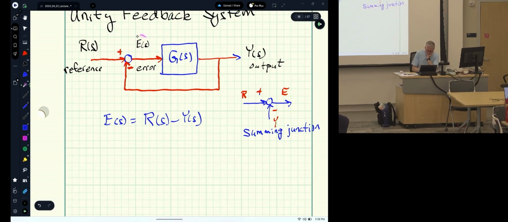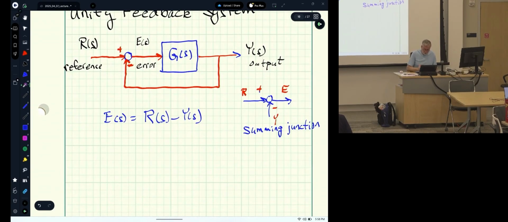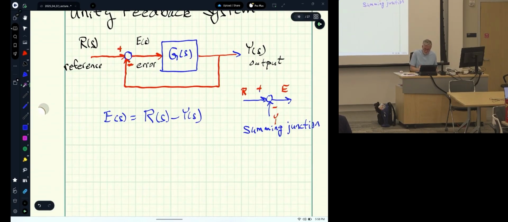I'm going to act on that, and just a little bit, we'll see how to design this transfer function such that it naturally tries to make this error small, and hence R of S becomes very close to Y of S. Actually, I should say it the other way around. This flow rate becomes very close to its commanded value. That's the whole thing. So that summing junction is key. That's what the loop is about. And then Y of S is equal to G of S times E of S.